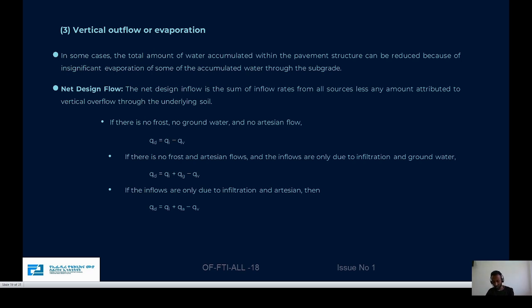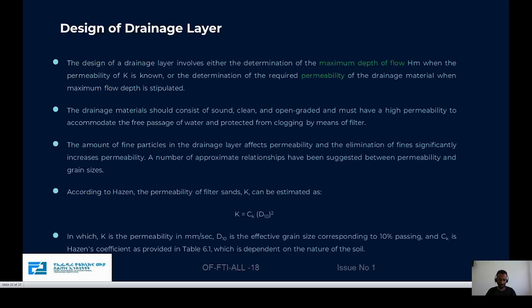We use these depending upon the frost and groundwater cases.